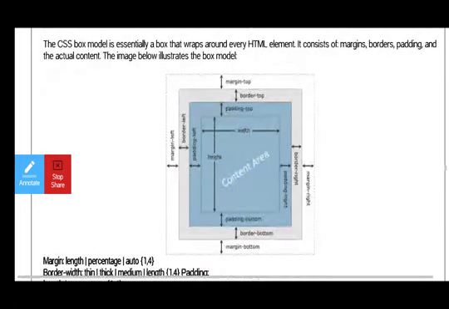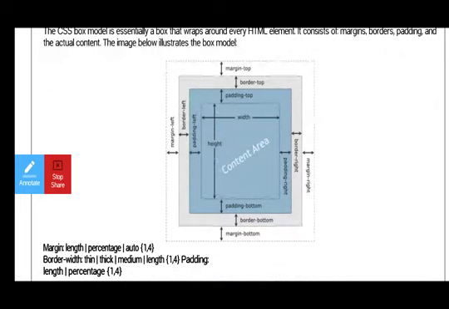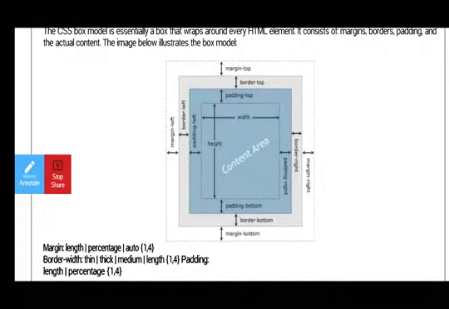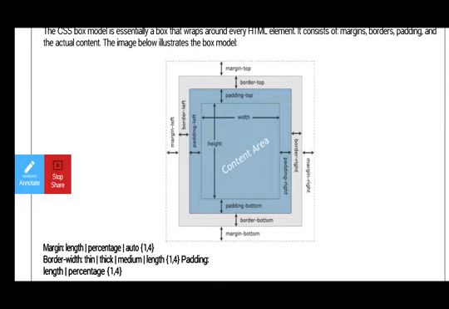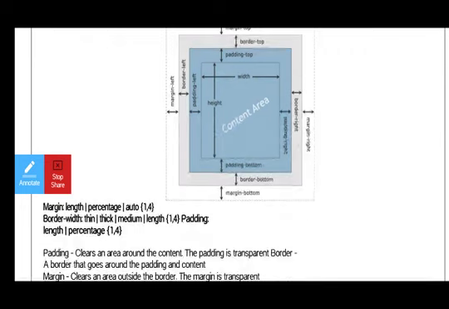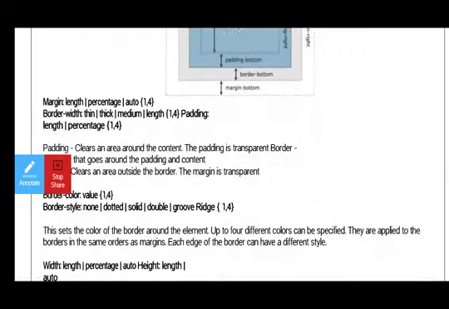So this is the box model. We have a margin, we have a border, and we have padding, length or percentage, and the actual content that is going to be present in the particular box. These are the different elements: margin, border width, and padding, that are present in the box model.